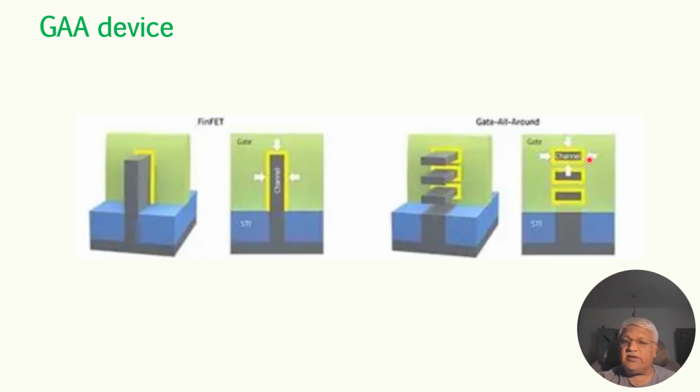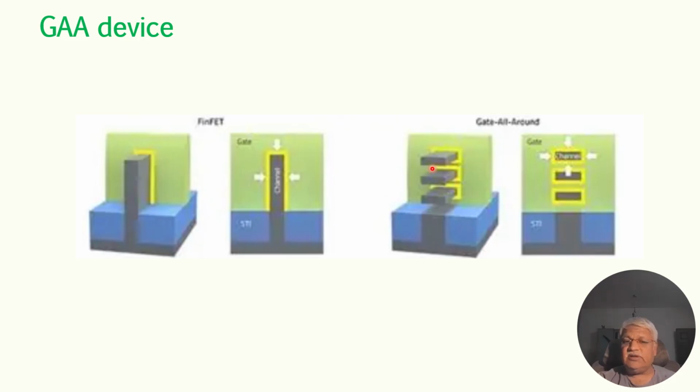This is another cross-sectional view. This is how the gate is controlling the current in a highly controllable manner. And if you see the width, as we have earlier figured out, all these four sides will contribute to the width.